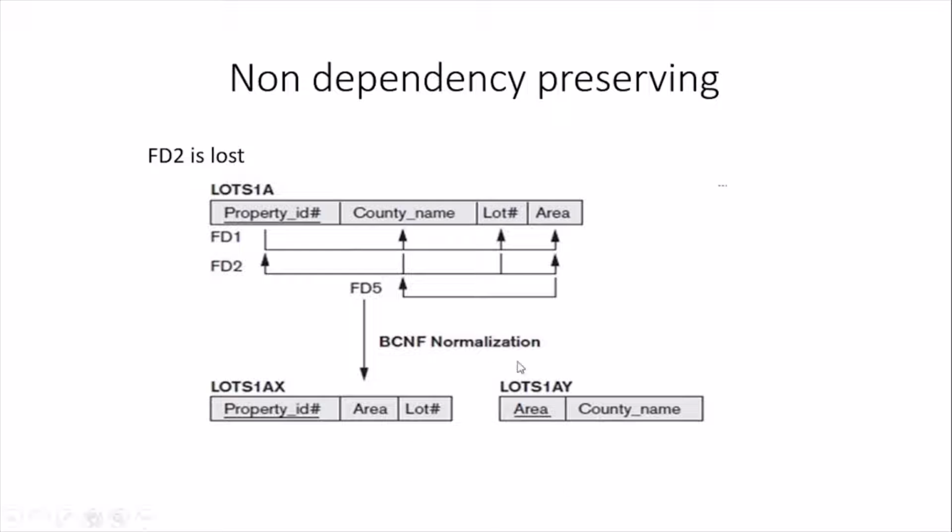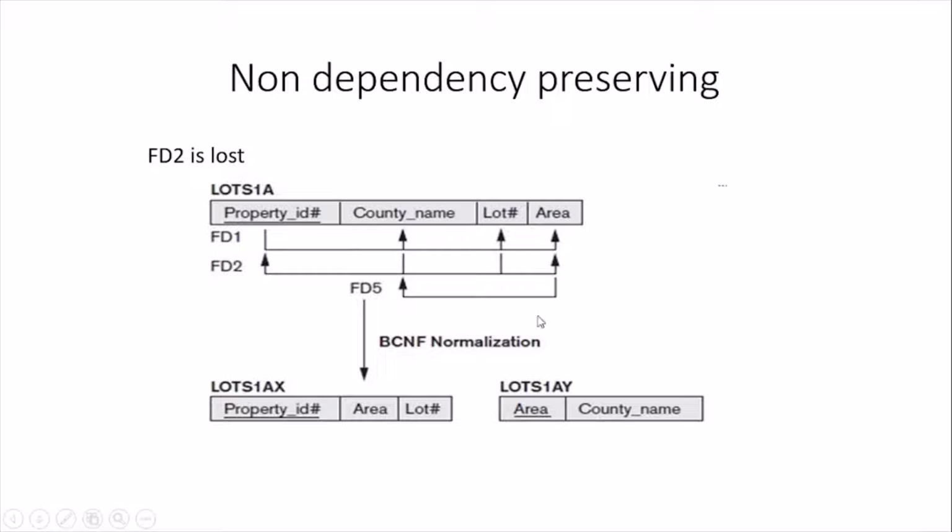So here you have area as the primary key. So area to county name is the functional dependency, which is in BCNF. And consider here you have some functional dependencies like FD1, which determines property ID number, area, lot number. That is okay.